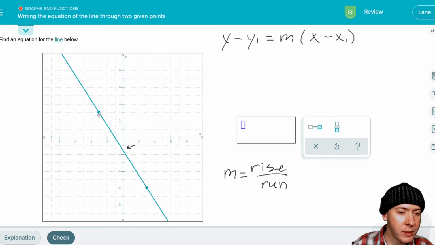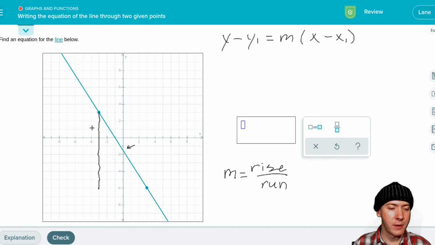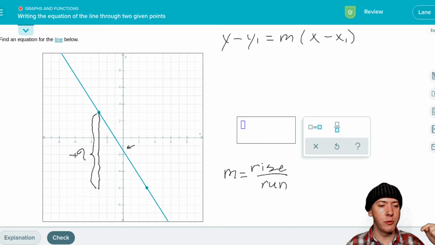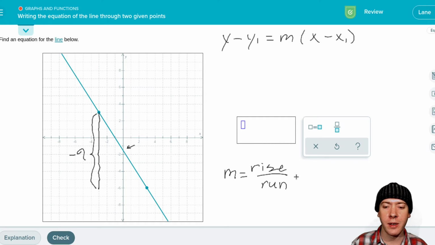It looks to me like we have to go down 1, 2, 3, 4, 5, 6, 7, 8, 9. Right? So the length of this line I just drew is 9. But since we're going down, this is a movement in the negative y direction or a negative rise. So we're going to write -9 for the rise on the top of this fraction.